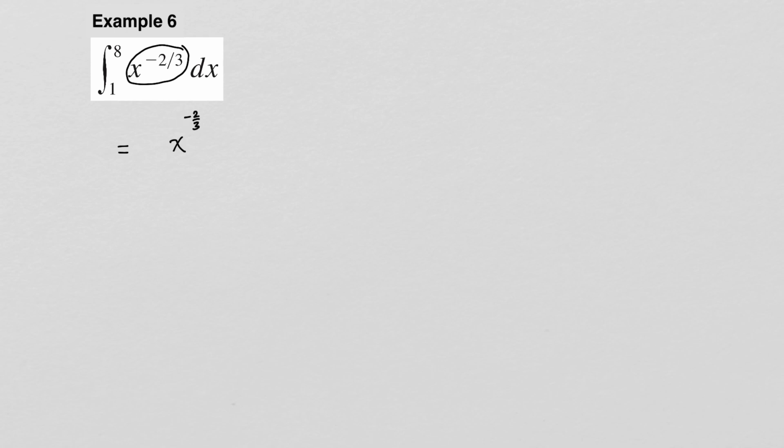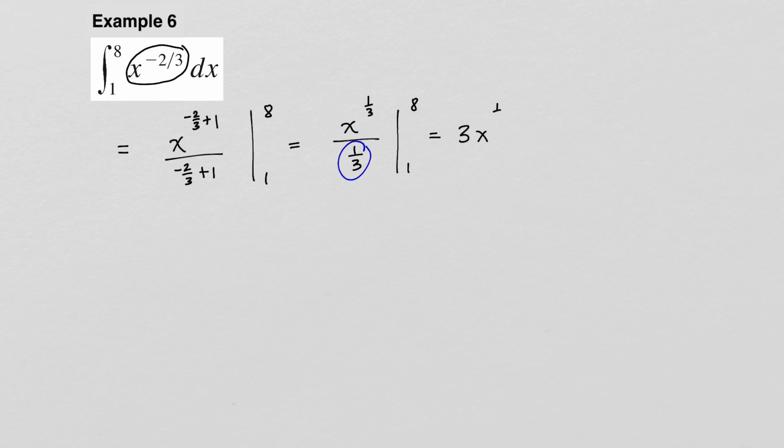So x to the negative 2/3 plus 1 divided by negative 2/3 plus 1, and then evaluate it from 1 to 8. Let's simplify. Negative 2/3 plus 1 is 1/3. So we have x to the 1/3 divided by 1/3. And then when you divide by 1/3, that is the same as multiplying by 3.